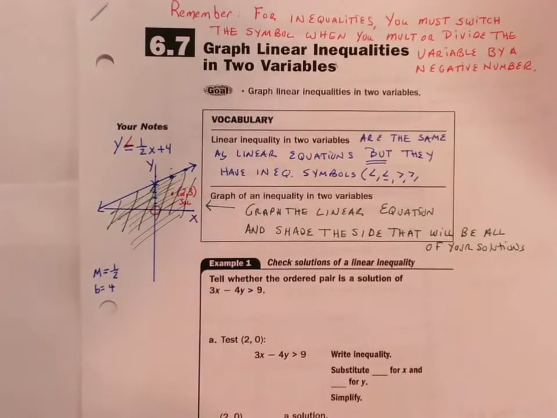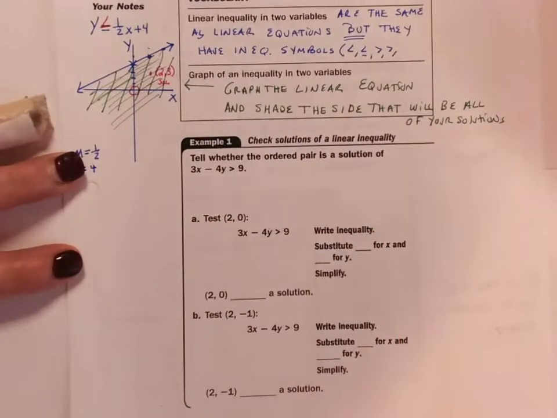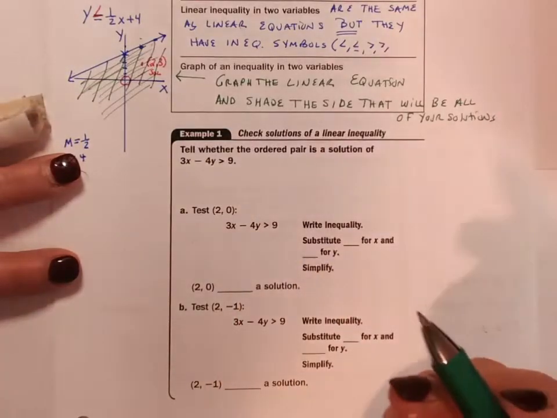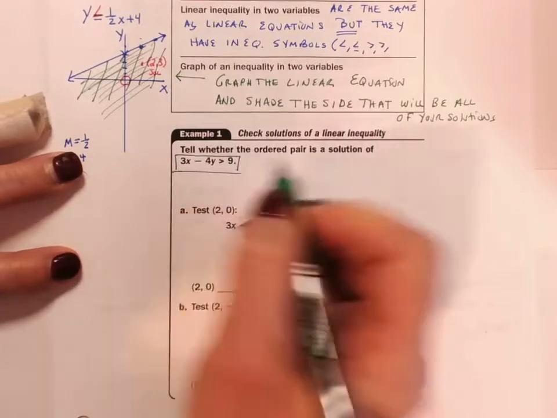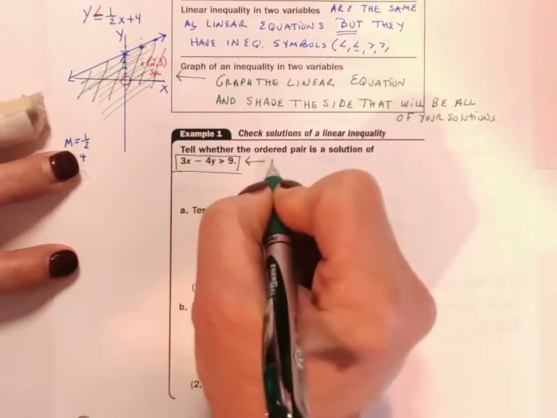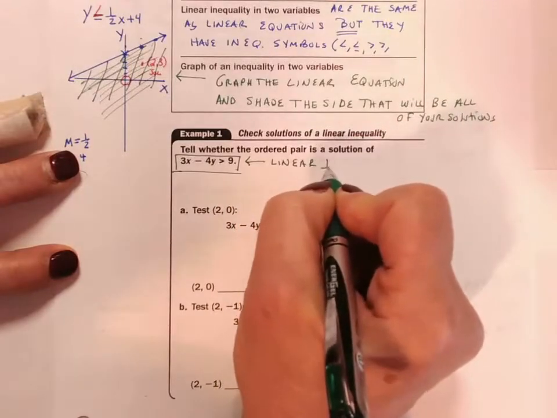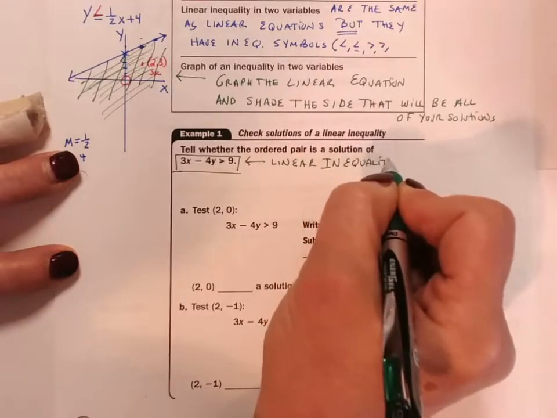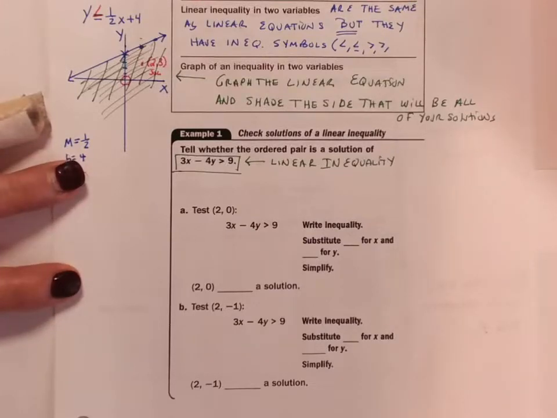Alright, so let's go on to example 1. Example 1 is having us determine for this linear inequality how do we determine if they are solutions?